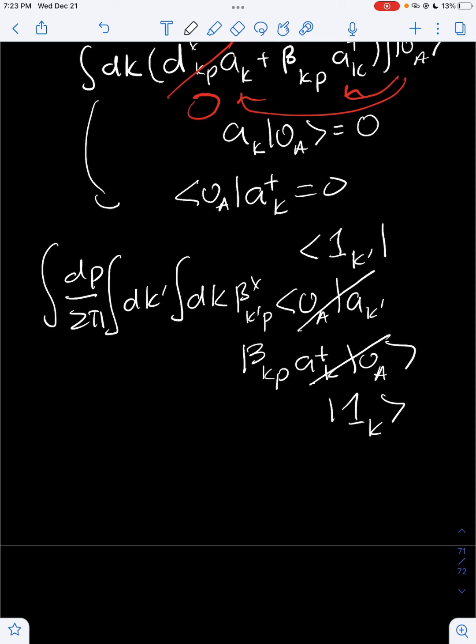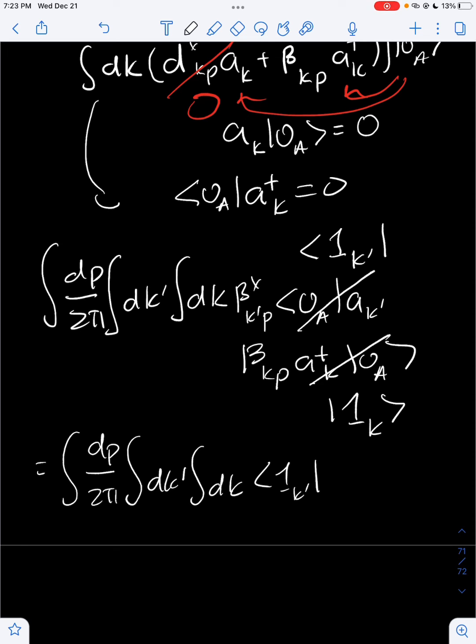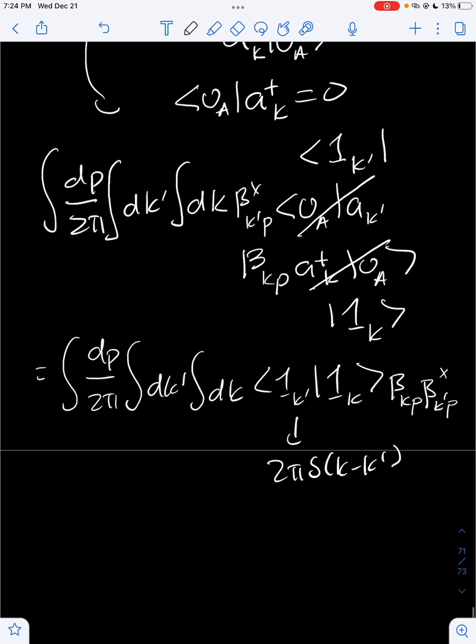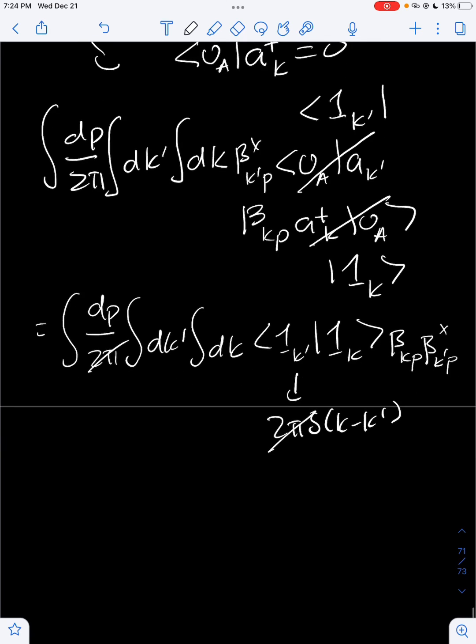So we now have the integral over dp over 2 pi, integral over dk prime, integral over dk, the one-particle state k prime inner producted with the one-particle state k, times beta_k prime beta_k. And we can note that this inner product is just going to be 2 pi delta of k minus k prime, since we were working with 1 plus 1 dimensional spacetime. And then this cancels out with the 2 pi over here, and that will mean that k is going to equal k prime.